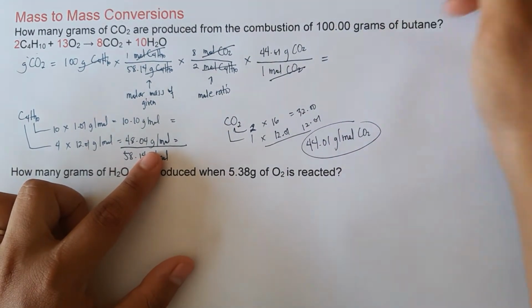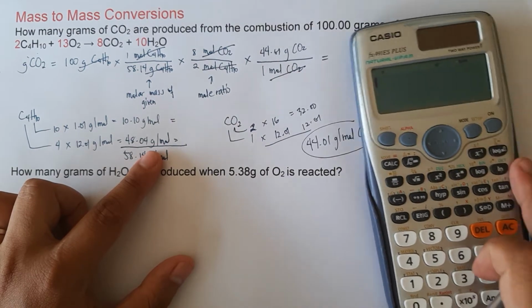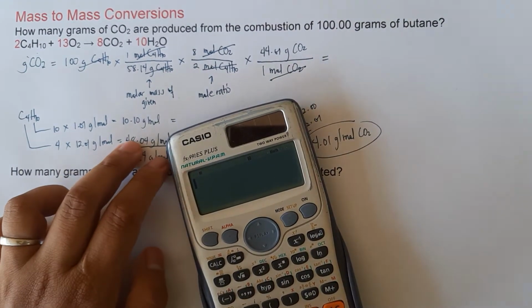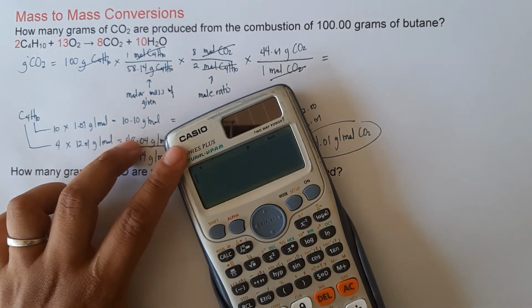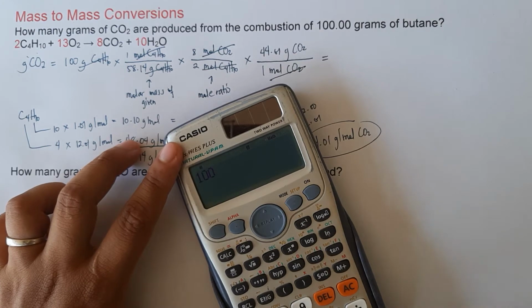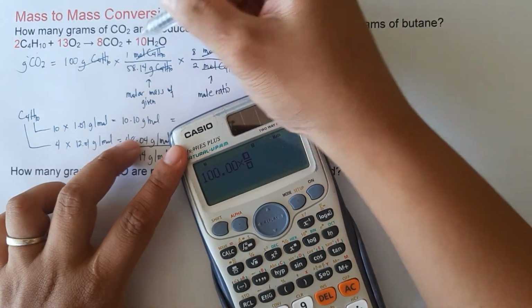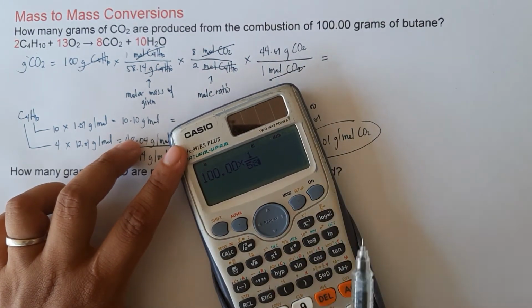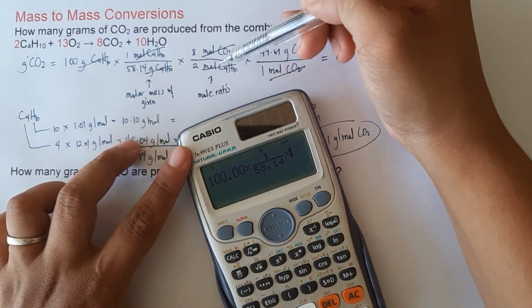And now, we can now solve for the answer. So, we simply use the calculator. Diretsuhin na natin yung ating solution. So, that's 100 grams. 100.00 times 1 over 58.14 times again, this is our mole ratio.